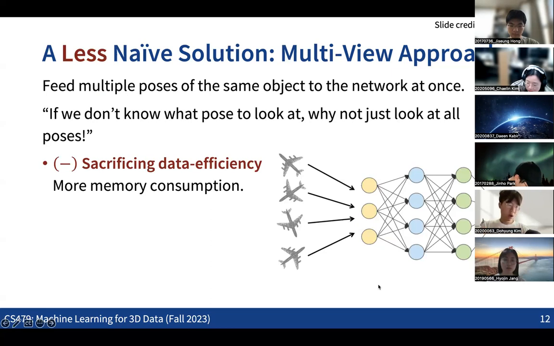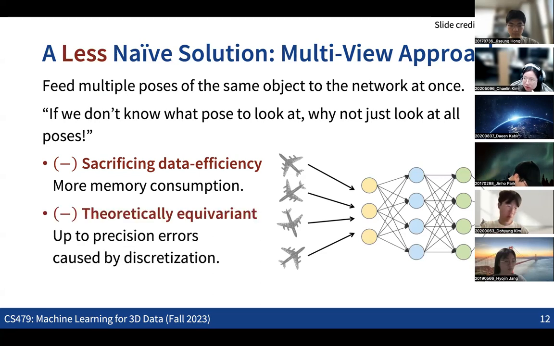But this also requires a neural net with more capacity, because making a single data point into a set of sets makes one single data point a much larger size of data. And there might also be precision errors, since we need to sample a certain set of rotations in the 3D rotation space.